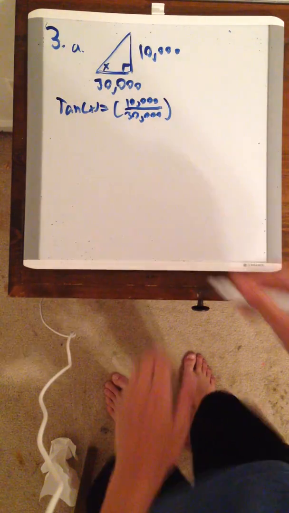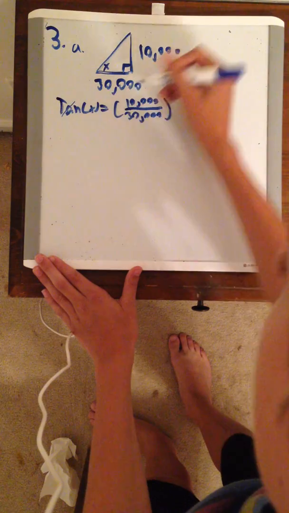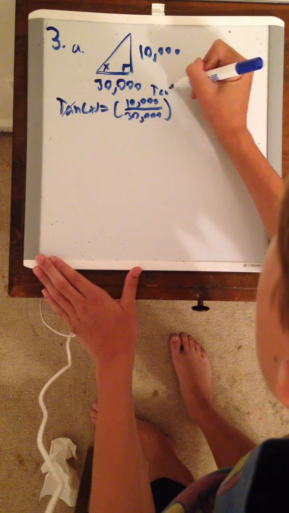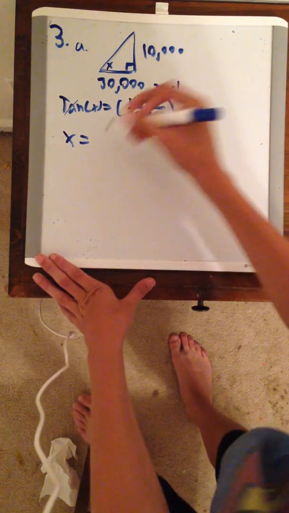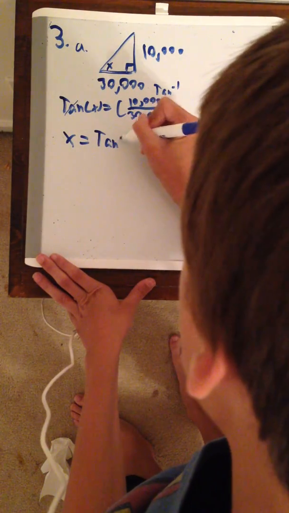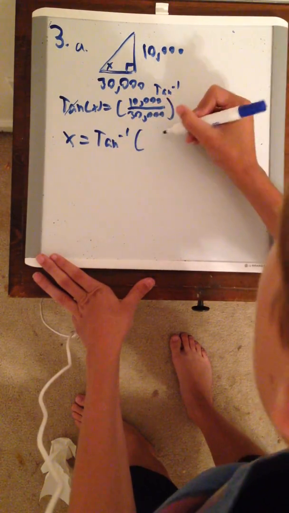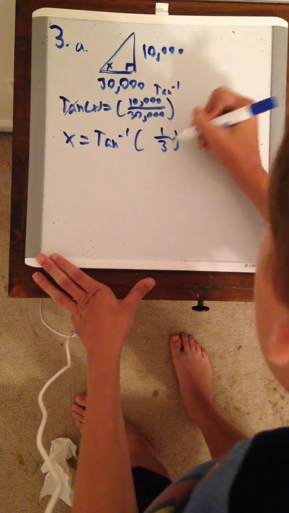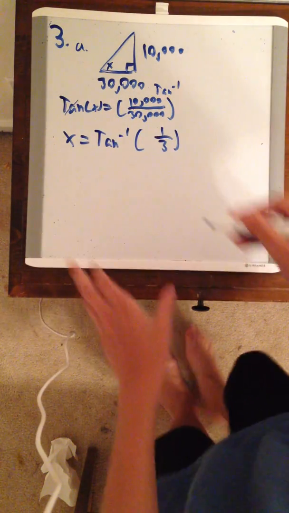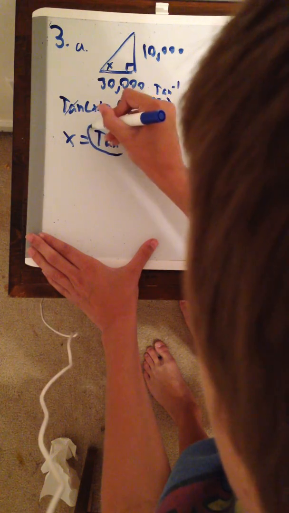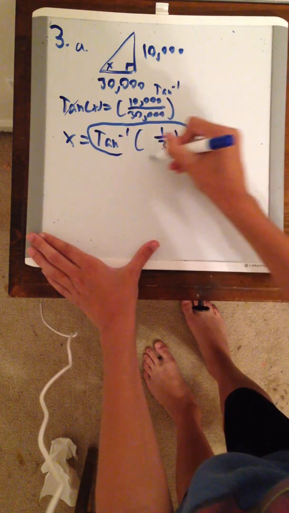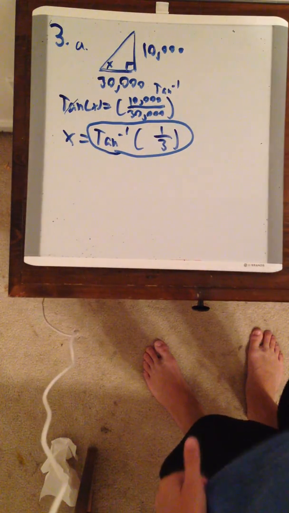And we're going to do the same thing. Because we don't know the angle, we're going to cross that out and make it the inverse of tangent over here. And we'll do the same thing, except this can simplify, so we'll do the inverse of tangent, which is just tan to the negative 1, and then 1/3. So that's right there is the angle. The angle is inverse tangent of 1/3. That's the angle of elevation you want.